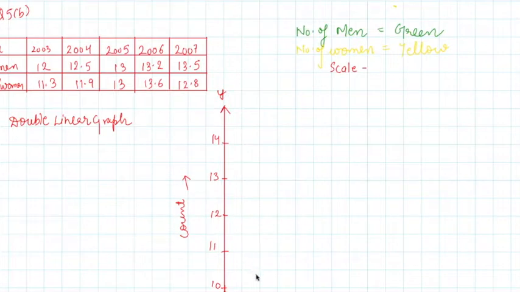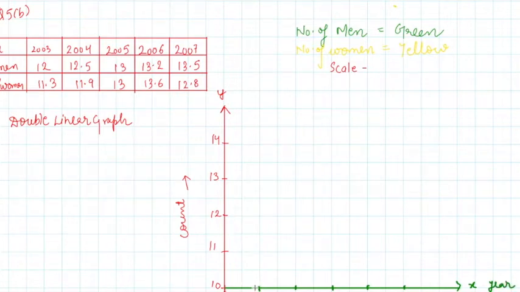So if I just draw a line here, and let's mark it as the x-axis. If this is my 2003, this is 2004, this is 2005, this is 2006, this is 2007, and I have taken year on this.